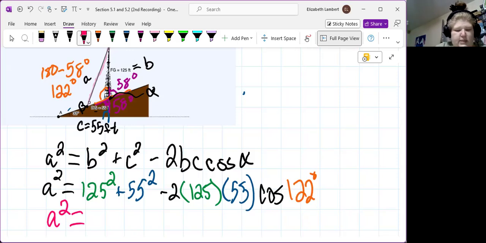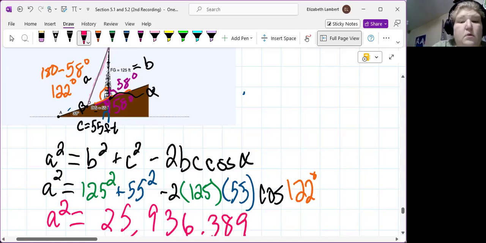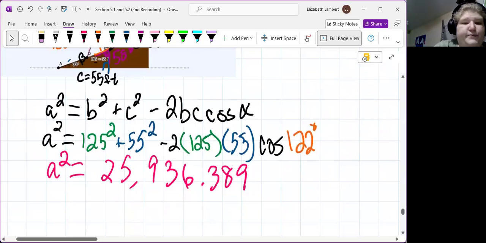Yes, we're in degrees. Big number. Anything where I gotta write a comma is a big number in my book. All right. It's 25,000. But that's a squared. So if your gut was like, that's way too big, good. It should be saying that's way too big.